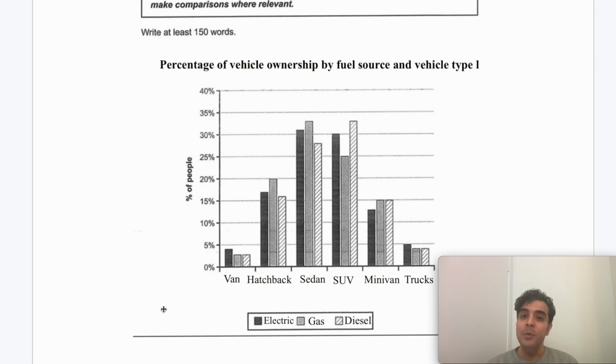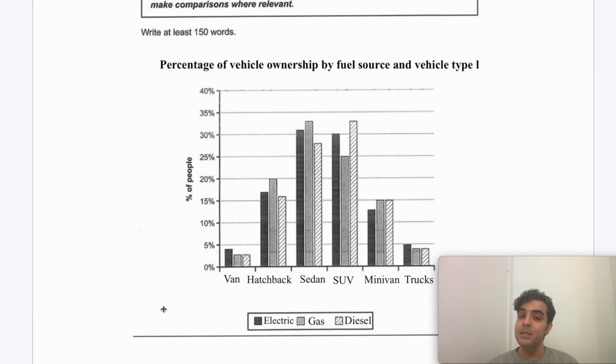So you see, when I'm reporting this information, rather than talking about how something has increased, decreased, or changed, I'm more interested in drawing comparisons across categories, whether it is comparing vans to sedans or whether it is comparing gas cars to diesel cars.